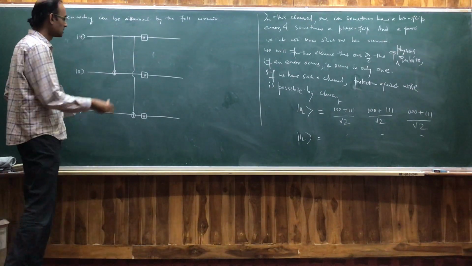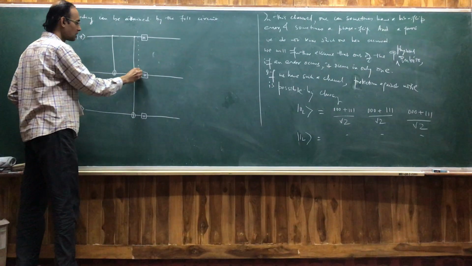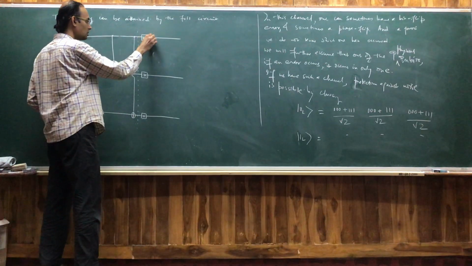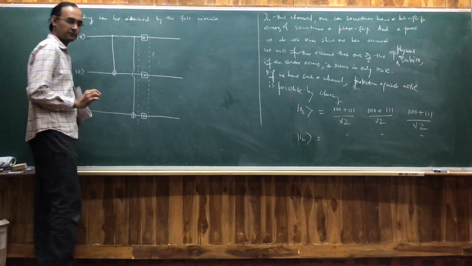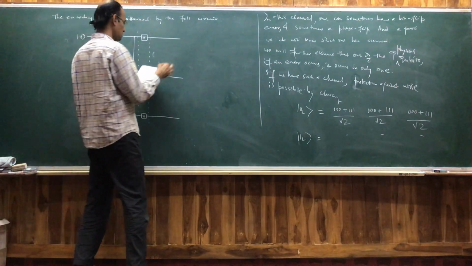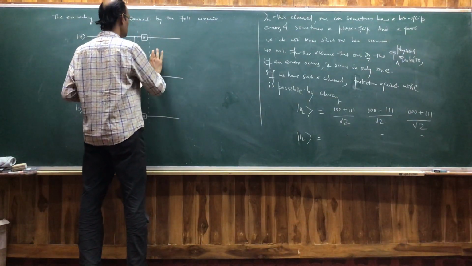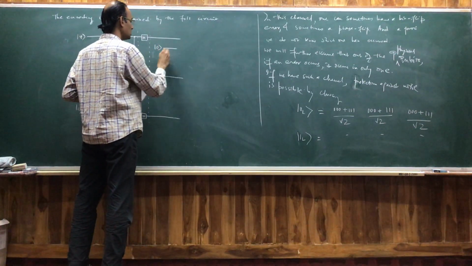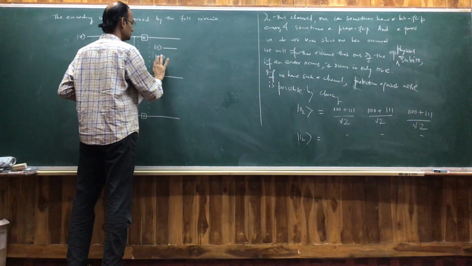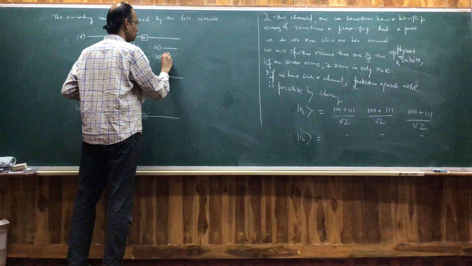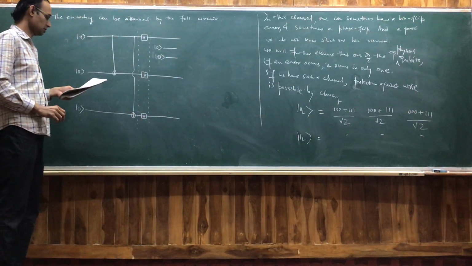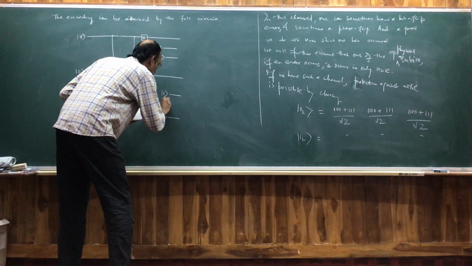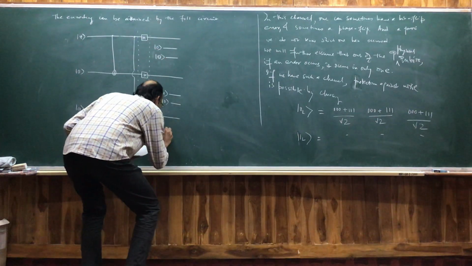so this is the bit flip code. This is the phase flip code. Now we will put in two more auxiliaries from here, and two more auxiliaries from here.